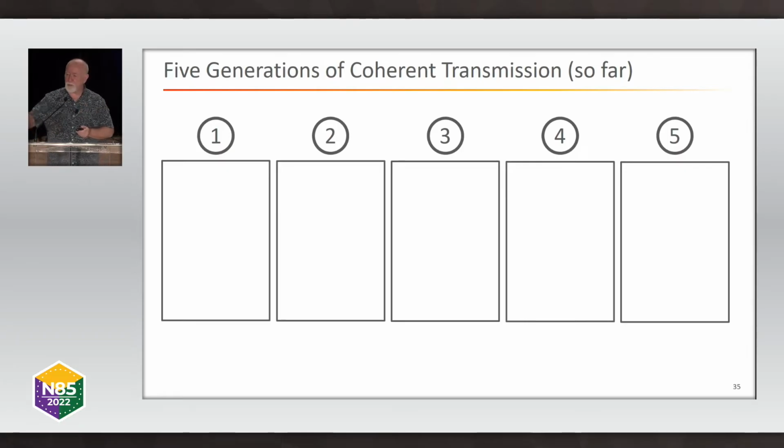But the 5 generations of coherent transponders that we've seen in the industry so far have actually exploited this ability to operate with more sophisticated constellations and run at higher baud rates. So this is roughly the date of commercial availability.